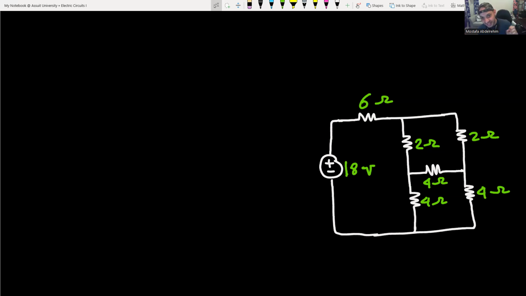We should deal with it in a certain way. Luckily, this circuit doesn't have any current source. In the next video, we're gonna see how to deal with a circuit with a current source. But this one doesn't have one, and that will make the problem very easy for us to solve.